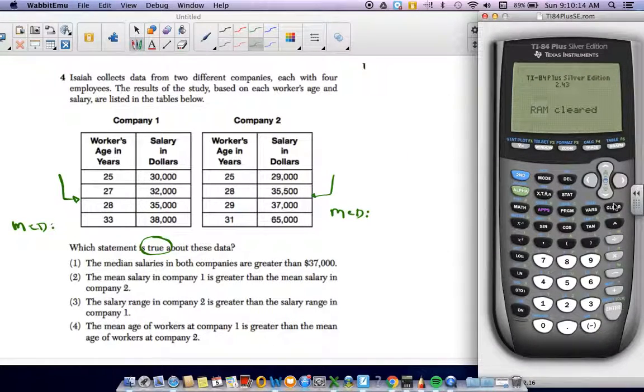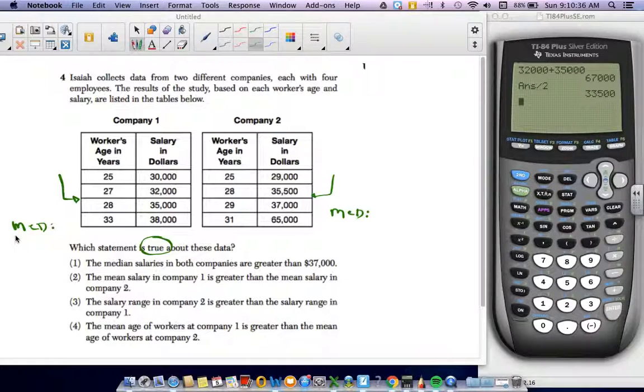So with average, remember we're adding them up, so I'm going to do 32,000 plus 35,000, and I'm going to divide it by 2. Okay, so for company 1, I'm taking the average to find the median, which is 33,500.